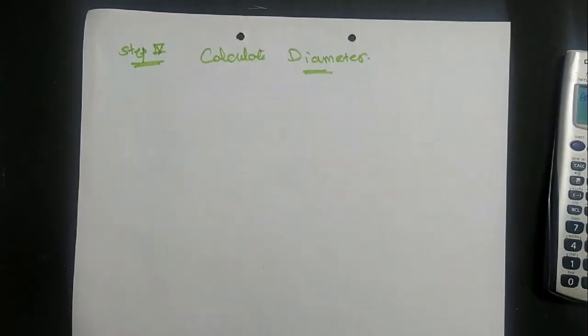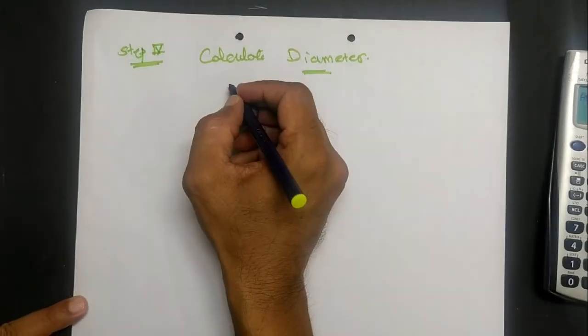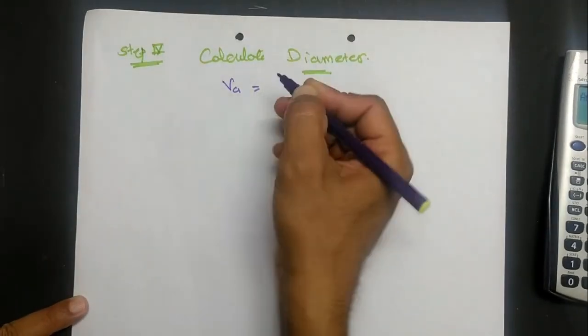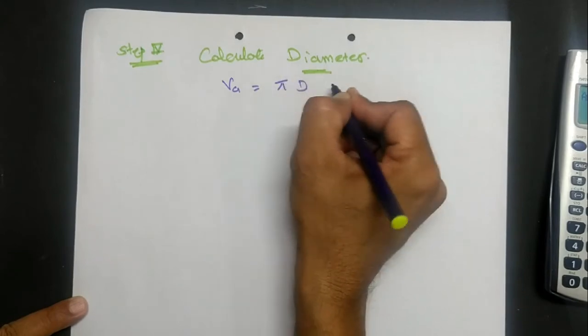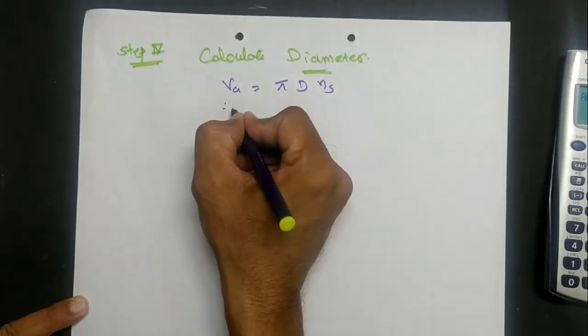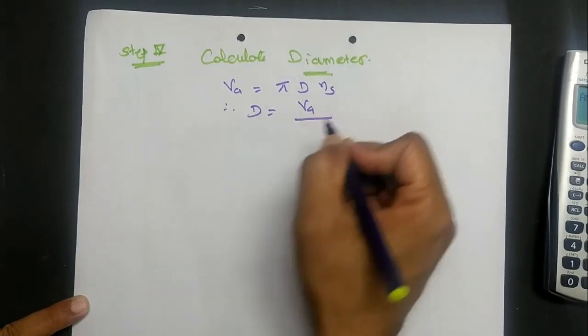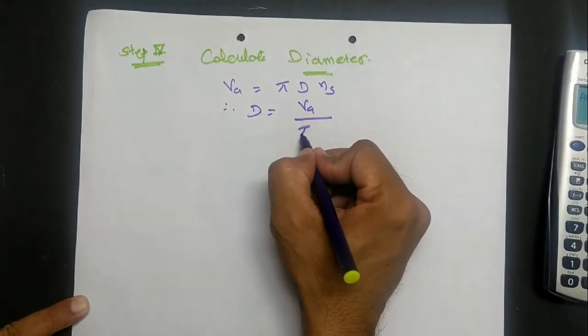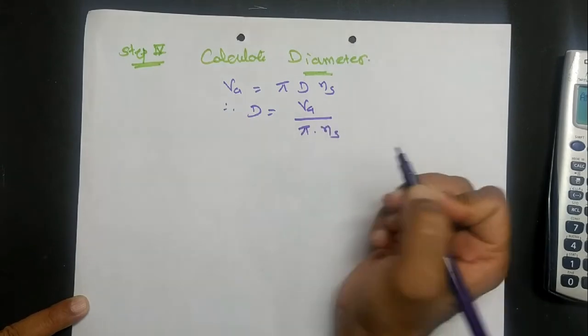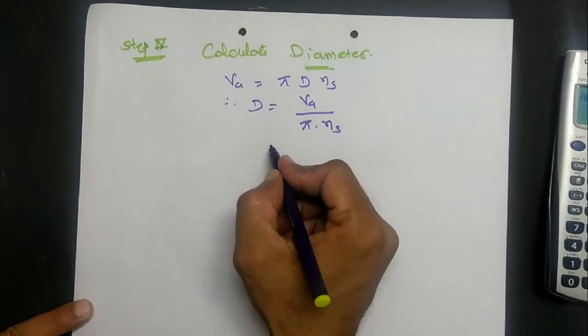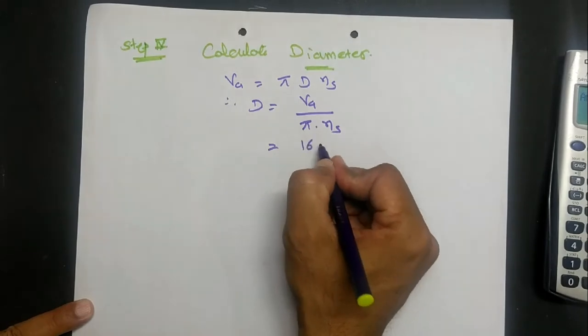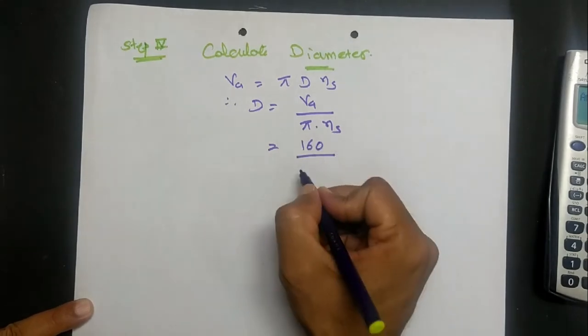To calculate diameter, we have to consider peripheral speed. So Va is pi D Ns, and therefore based on this equation, diameter D is peripheral speed divided by pi and synchronous speed in RPS. Now peripheral speed is 160 meter per second, which is given.